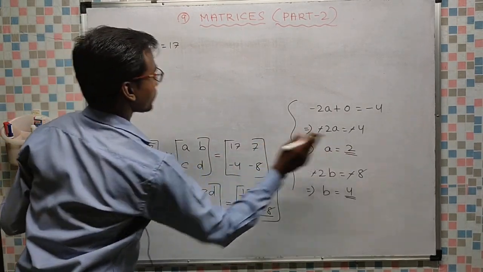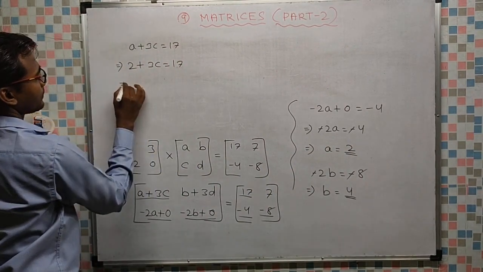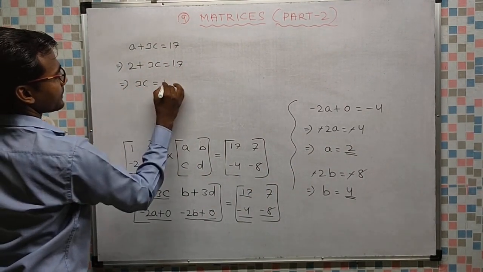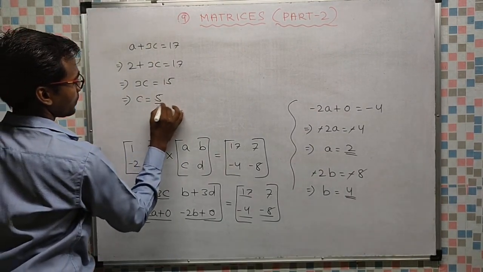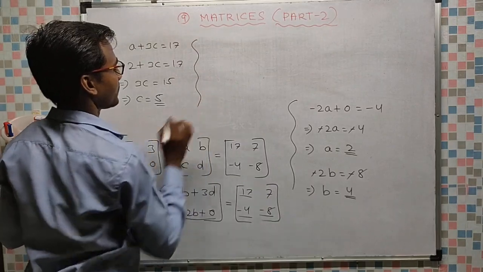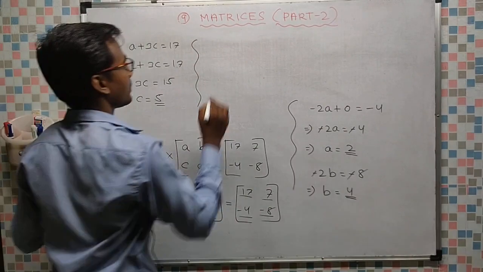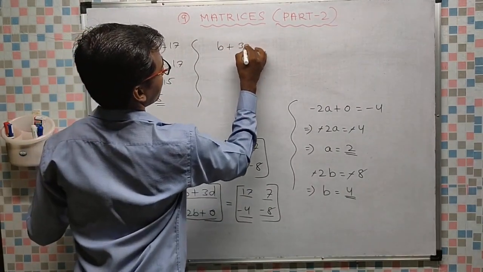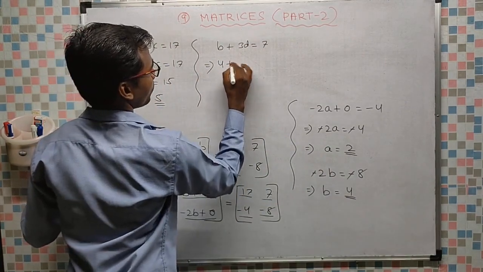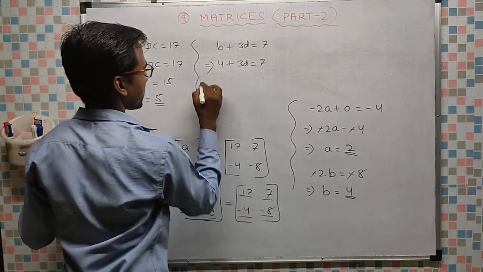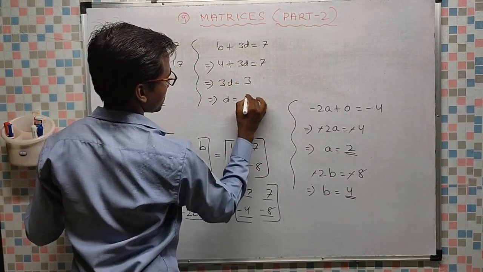We have got a is equal to 2. 2 plus 3c is 17. 3c is 15, 17 minus 2 is 15. c is equal to 5. Next, b plus 3d is equal to 7. What is b? 4. 4 plus 3d is equal to 7. 3d is equal to 3, d is equal to 1.